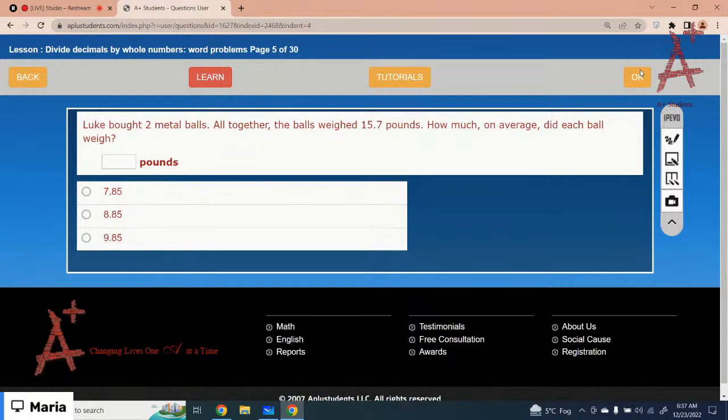Luke bought two metal balls. Altogether, the balls weighed 15.7 pounds. How much on average did each ball weigh? So you have to divide 15.7 by 2. Got it?